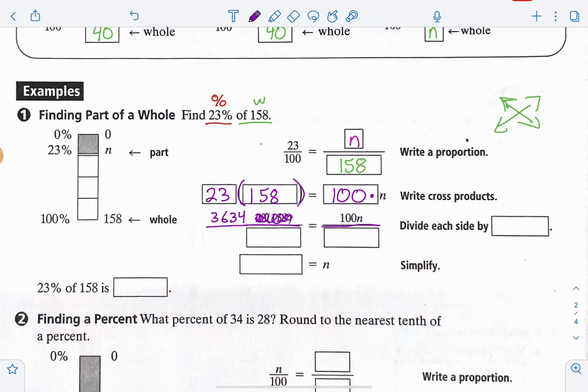If we divide both sides by 100, so that all that's left on that side is an n, 3,634 divided by 100 is going to give me 36.34. So 23% of 158 is 36.34. So setting it up is new, the percent over 100 equals part over whole, but solving it and using the cross products is something that we've done in multiple lessons before this. So that part shouldn't be too complicated for you.